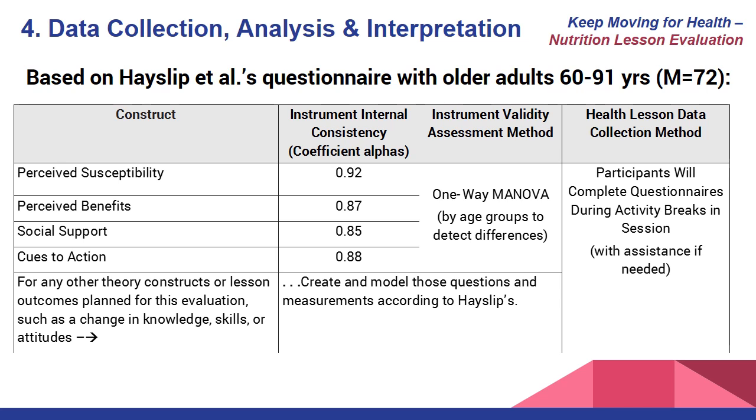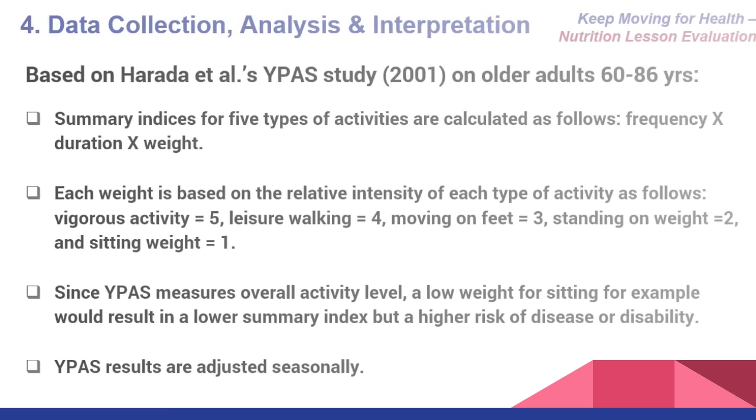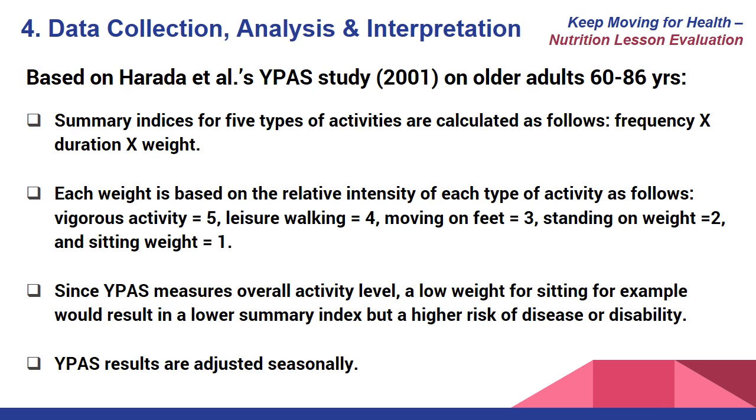In this case, if there's any construct that I either want to add or replace with, as I did not originally include cues to action, but again, if I use the Likert type scale by Hayslip and use that to create a self-efficacy one, then that would be applied just as well. So that's what I put here, is that I would model those questions and the type of ratings based on that scale.